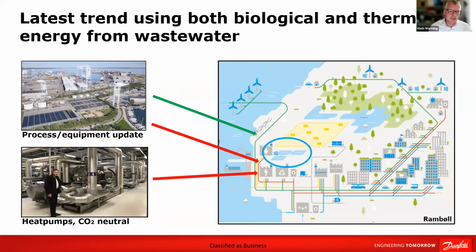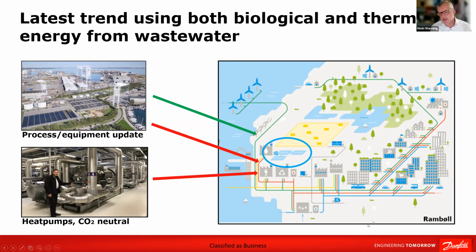And I think the final thing I will say in this short time is that besides what I have been talking about, making it climate and energy neutral, all that was based on the biological part. What we see also coming up very fast, both in Denmark, in Sweden, and other places, is to also utilize the heat. And that's what you see in the picture down here.